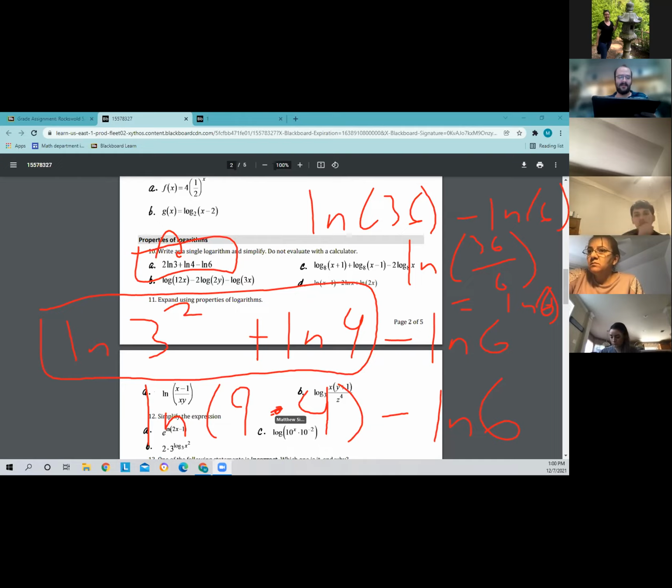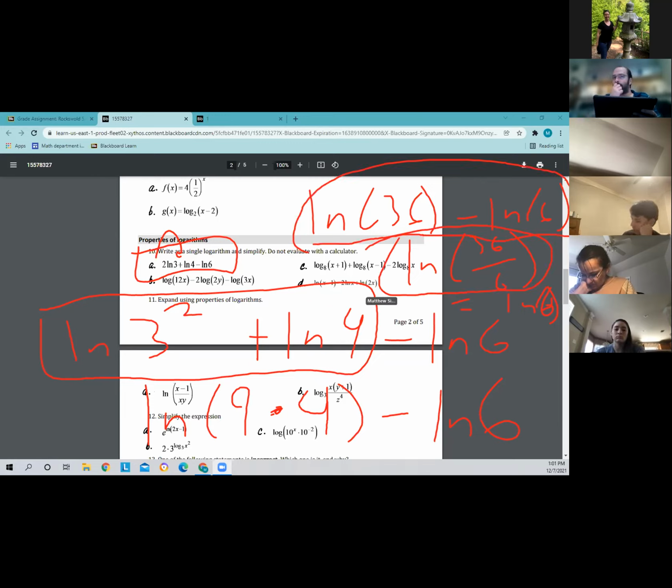So I get ln of this thing times that thing, right? ln of 3 squared times 4, or ln of 9 times 4, which is ln of 36. And I'm still subtracting ln of 6. Now we're using this property: if I'm subtracting 2 logs, it's the same thing as dividing inside the log. So I'm doing 36 divided by 6 inside my log, so I should be getting just ln of 6.